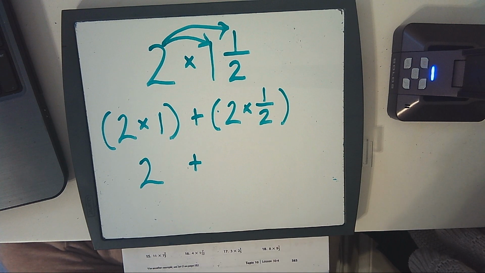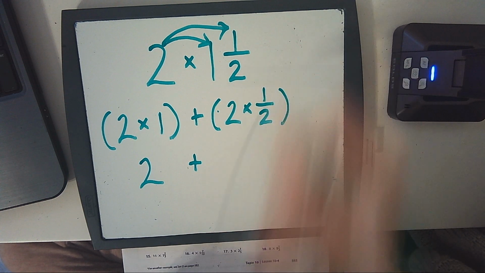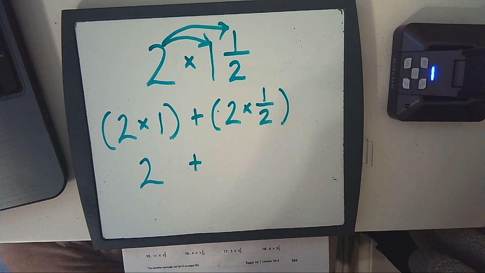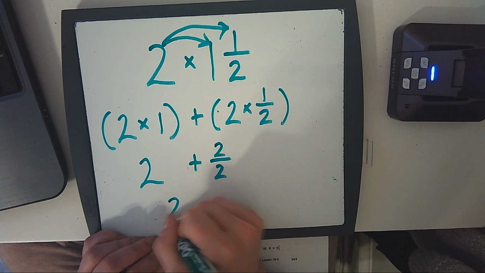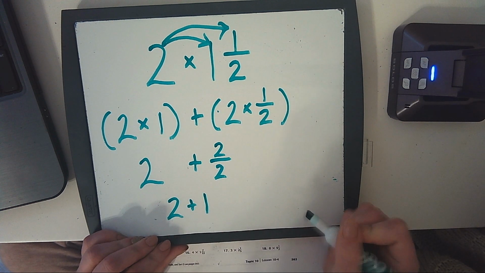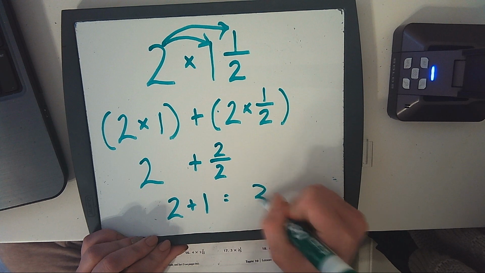So if I have a cookie and I split it in half and I give the other half to somebody else, our 2 halves, if we put them together, they should still make a whole cookie, right? So 2 times 1/2 is going to be 2 halves, or 1. 2 plus 1, which will give us 3.